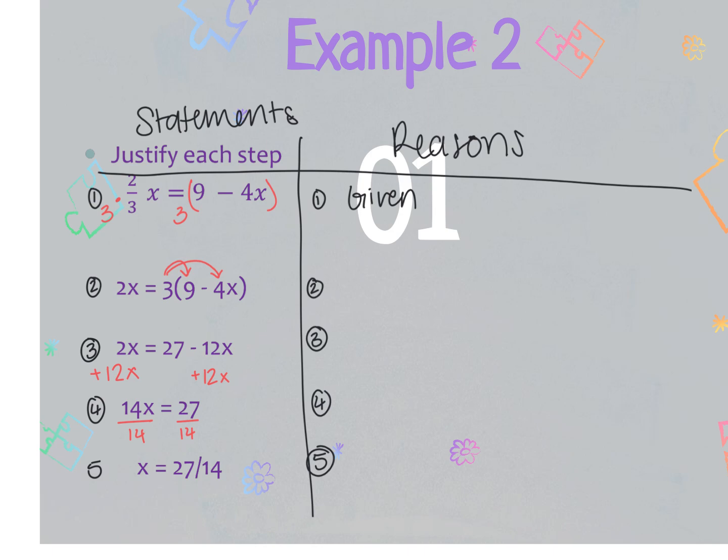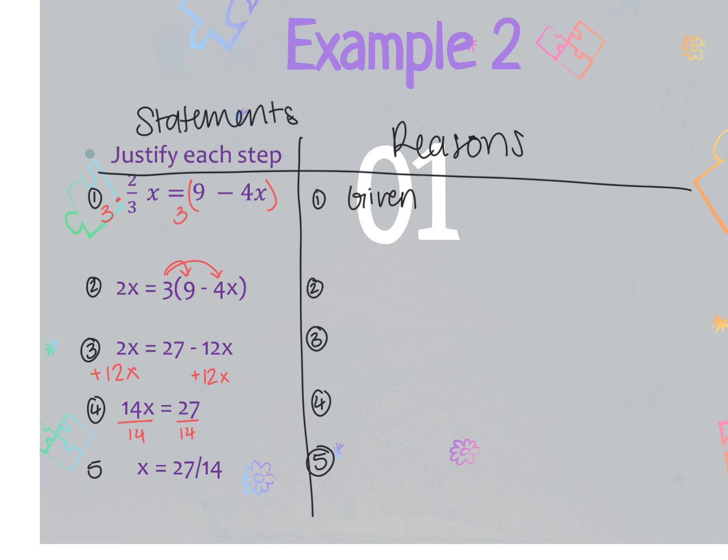So reason for step 2, please don't look at this and say, oh, it's distribution. No, it's the reason on how I'm going from 1 to 2. So what's my reasoning behind going from 1 to 2? How am I getting to 2? What did we do? Good.